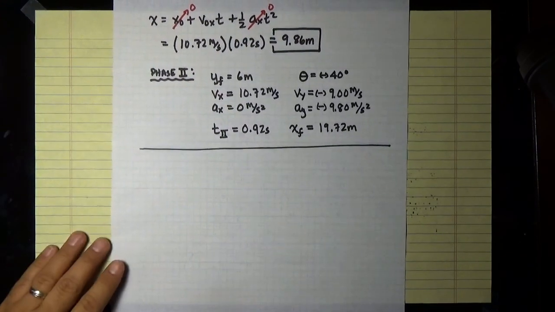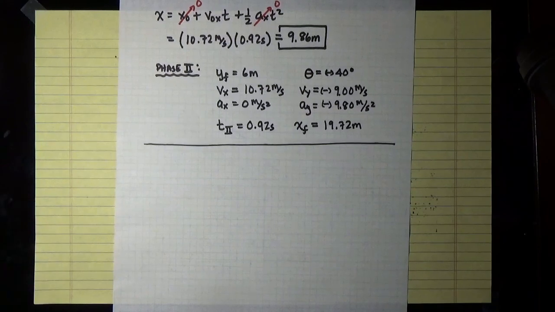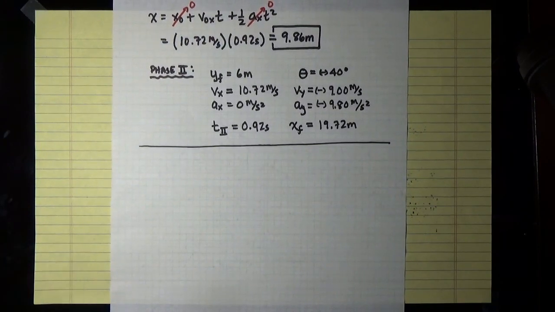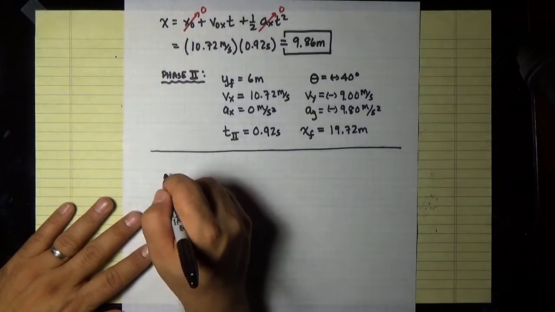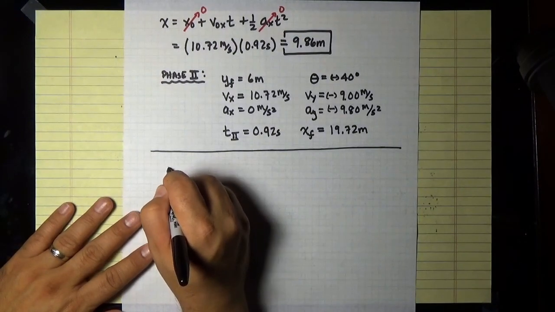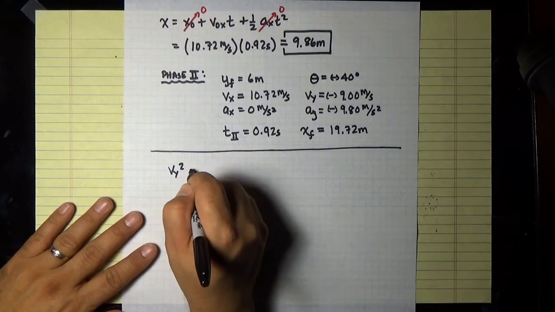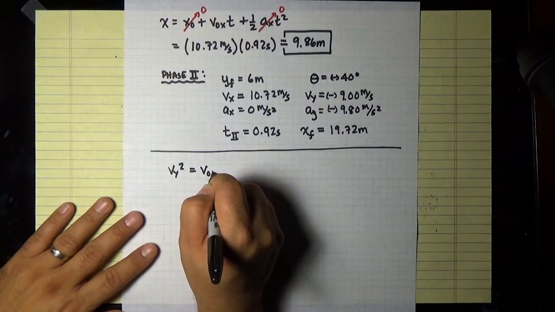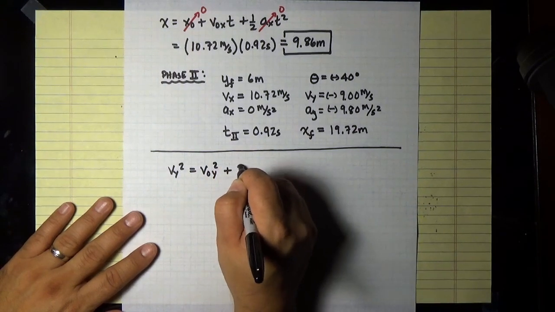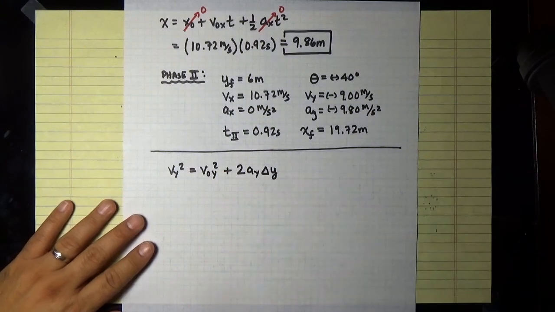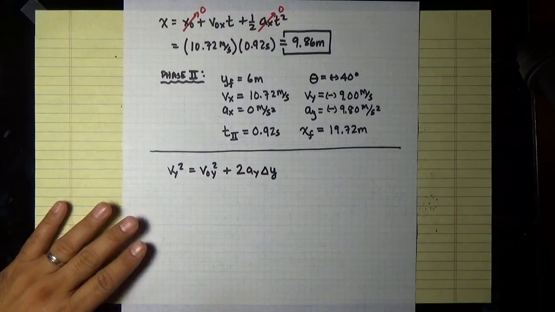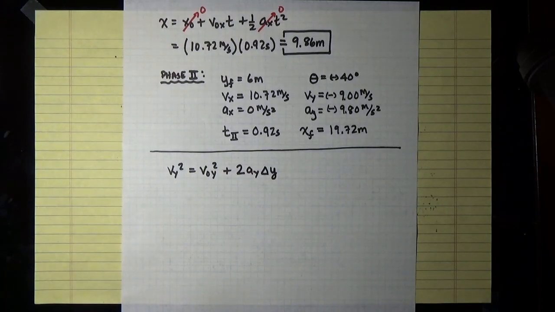In this case, I think the easiest thing to do is to find my final speed Vy. That is going to be useful for finding other quantities. The kinematic equation that I want to use is Vy squared equals V naught y squared plus 2 a_y delta y.